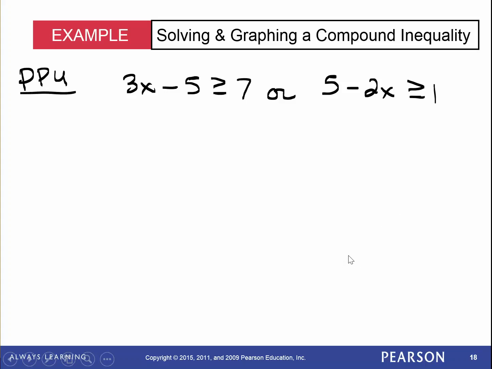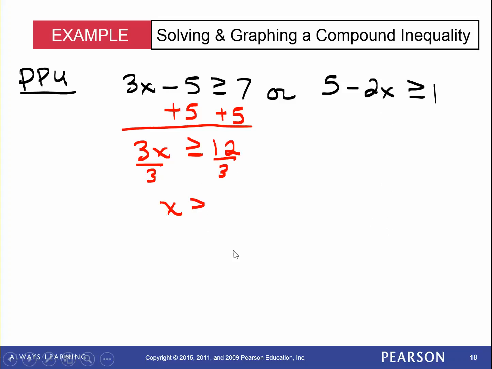So this time it's an or statement. So we've got to solve this whole entire side here. Then we've got to solve this whole entire side over here. So in this case, adding 5 to both sides gives you a 12. Divided by 3 gives you x is greater than or equal to 4. Solved. That's good. Before we start graphing it, let's go to the other side.